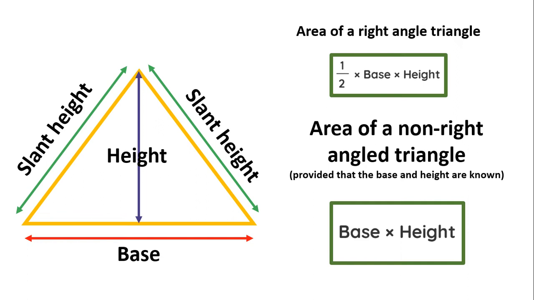The horizontal one is my base and the length that is vertical is my height. Do not confuse yourself with slant height and just height. Slant height is basically the two diagonals that are making the triangle, and the vertical height is just right from the center.